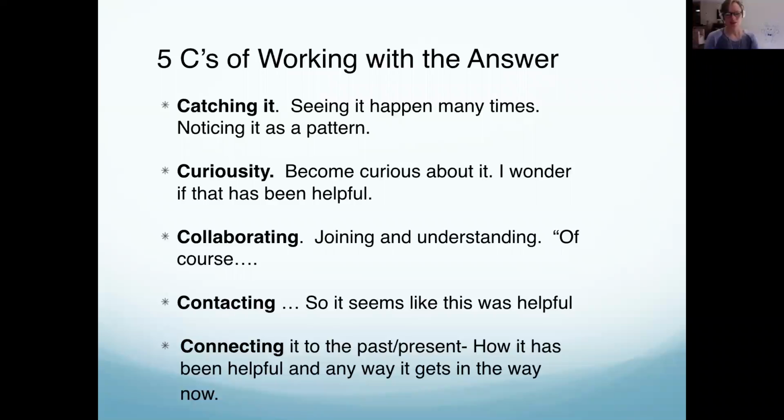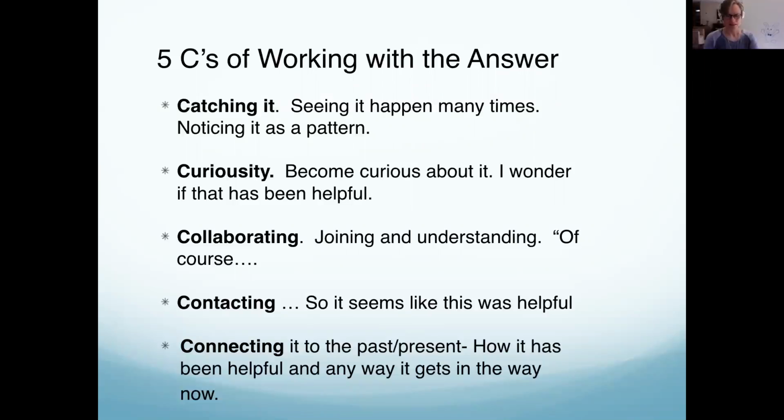And then you want to say, so is there any way it gets in the way now, or maybe not? Is there any way it limits you or keeps you from getting what you want now? And then once you really understand it, it's usually really easy for them to say, well, yeah, the anger was really helpful, because I had a lot of people abusing me or bullying me, but now it comes up when I'm driving and I have these rage incidents, or now it comes up with my spouse just when I get frustrated when she's late or something, and it really ruins my whole day.